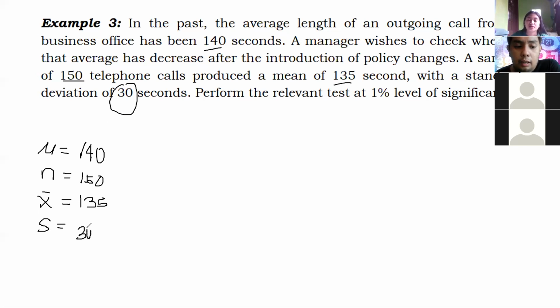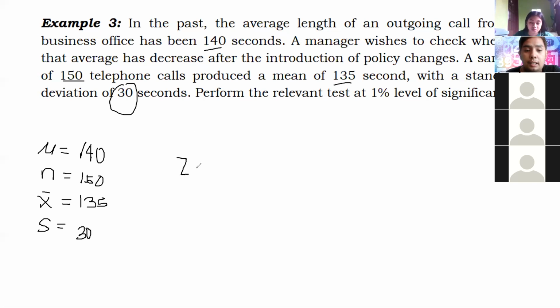Okay? Ngayon, anong gagamitin natin? Z-test or T-test? Z-test, sir. Yes po, z-test ang gagamitin natin. Yes, because our sample naman is 150 and at least we have our sample standard deviation. Yung sample standard deviation will take over the population standard deviation. Okay? So, ganun pa rin yung magiging process.